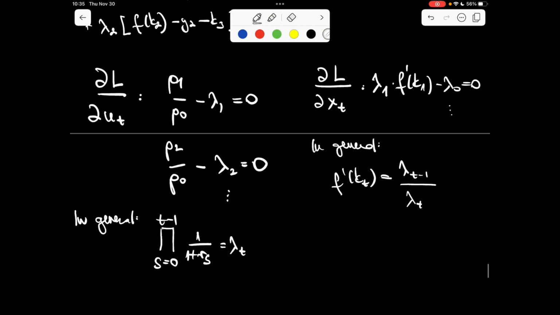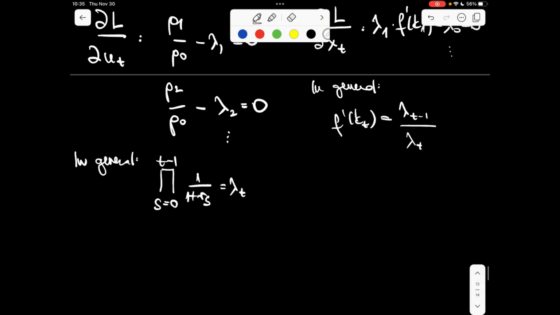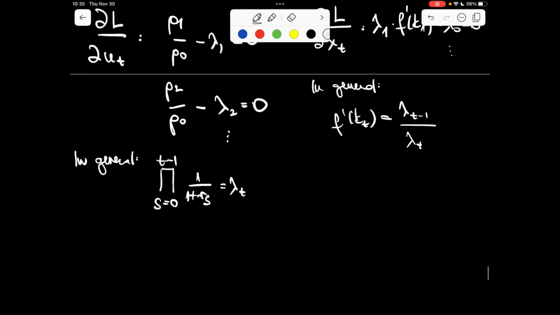The marginal product of capital is equal to the ratio of the multiplier, which can be put in another way.